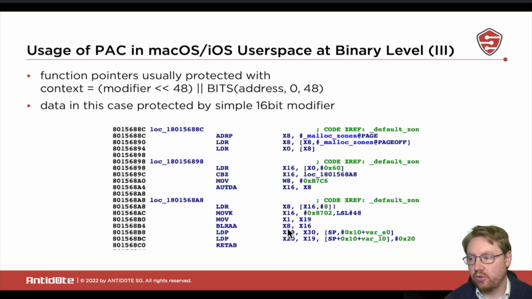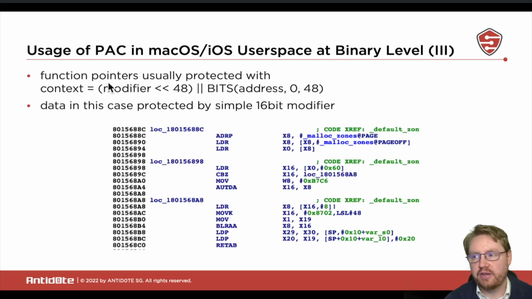So it means that the context once again is the address of the pointer that we are calling. But when you look at the code in between here, you can see that the upper 16 bits of this context are overwritten with this magic 16-bit value. And this is exactly what you can see here in the code. Usually when it comes to function pointers, Apple basically defines the context as the modifier shifted by 48 bits, and the lower bits are the actual address of the pointer itself.